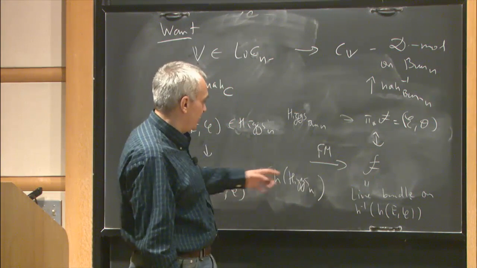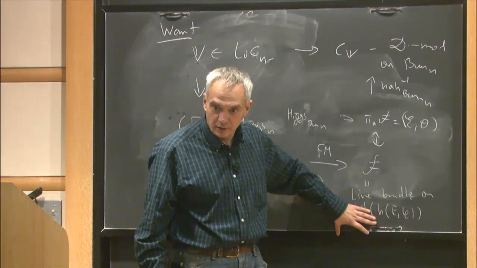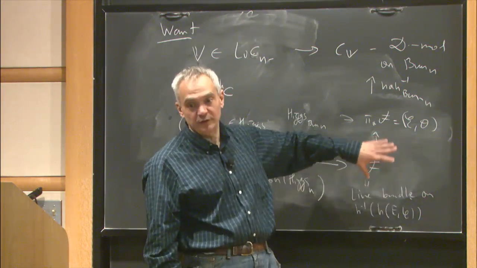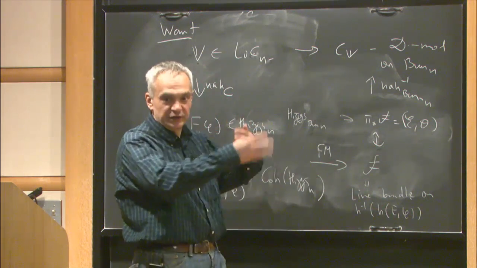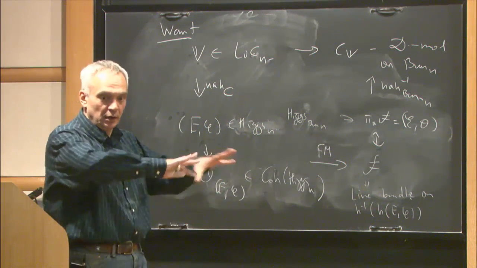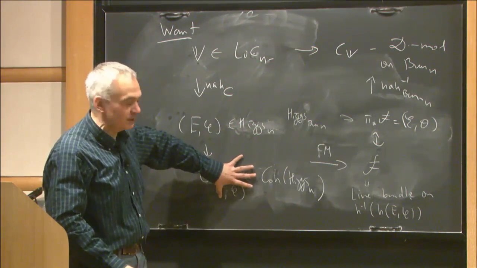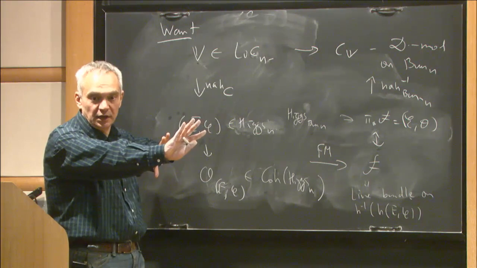So rather than getting a coherent sheaf on the moduli of Higgs bundles, you get a coherent sheaf on a gerbe over the moduli of Higgs bundles. So if you do it with the stacky structure, then it all aligns. It's just that the connected components on this side become the stacky guys on the other side.